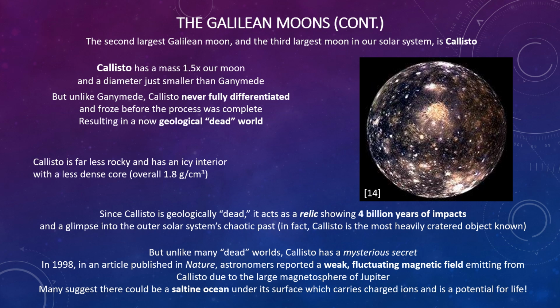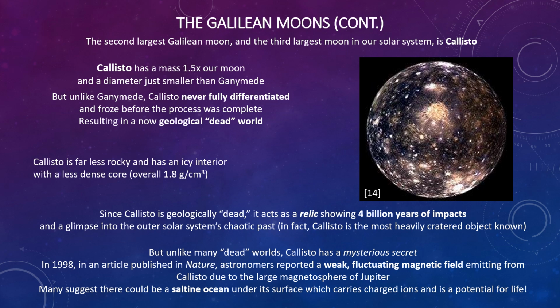And since it's geologically dead, its surface is a relic of 4 billion years of impacts, and it is the most cratered object in our solar system and the most cratered object known in general. And so it really gives us a deep look into our solar system's chaotic past.